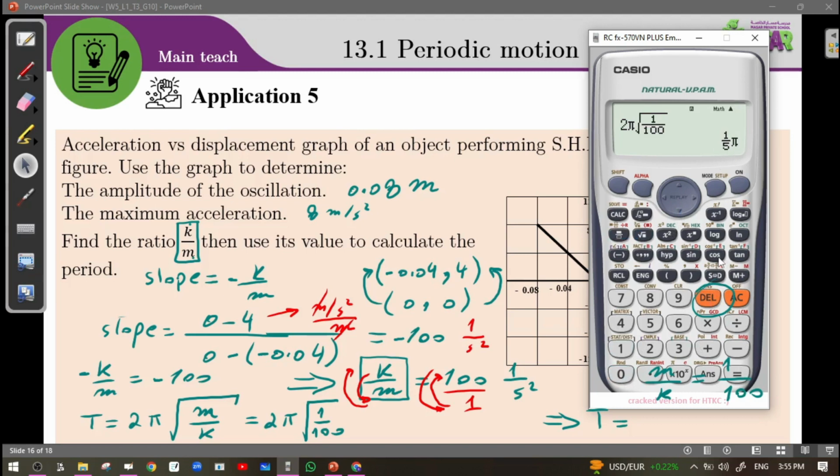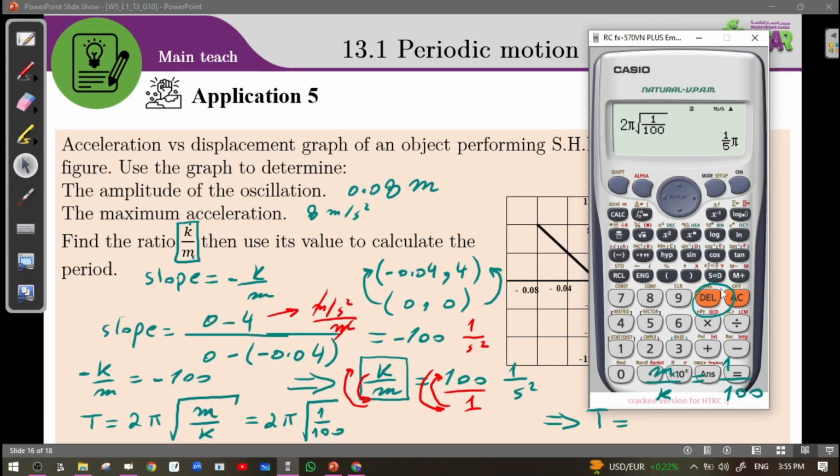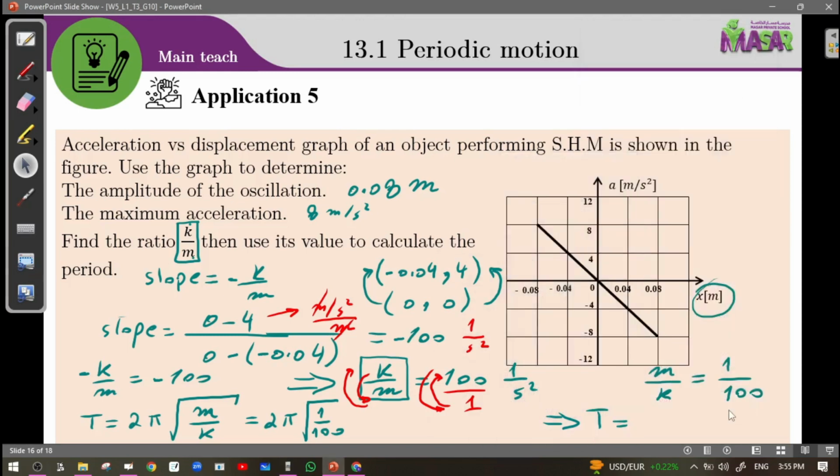Or we can press S to D in order to find the decimal value for this number. And the answer is 0.628. If you want to approximate it, we're going to write it as 0.63, and the unit will be second. So 0.63 second, this is the period of this oscillatory motion, or simple harmonic motion.